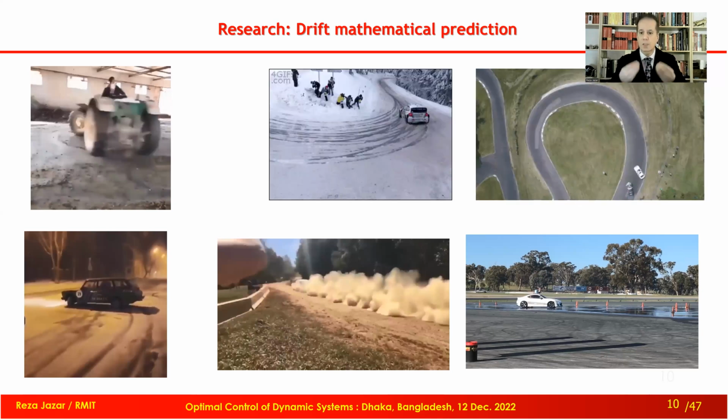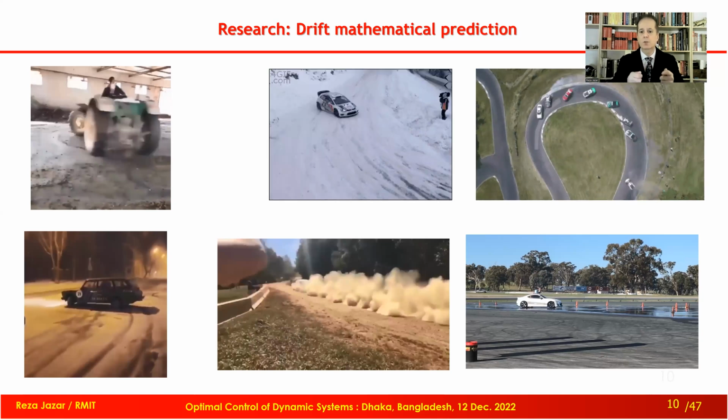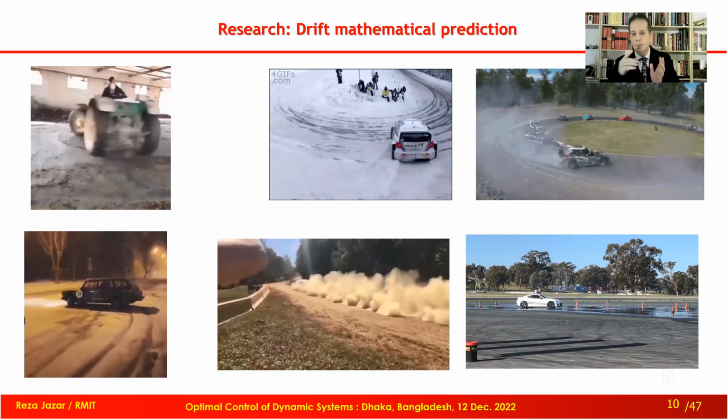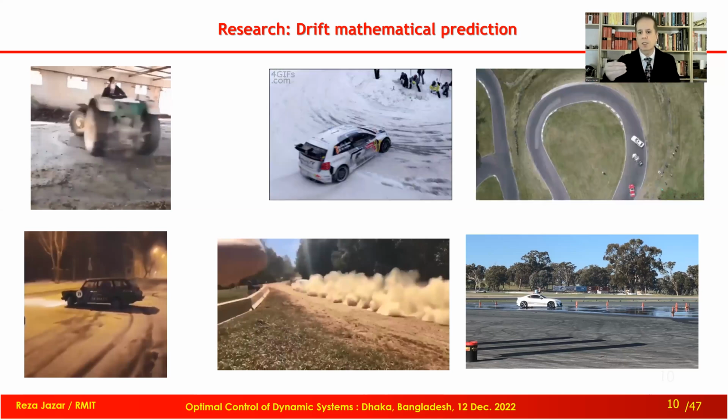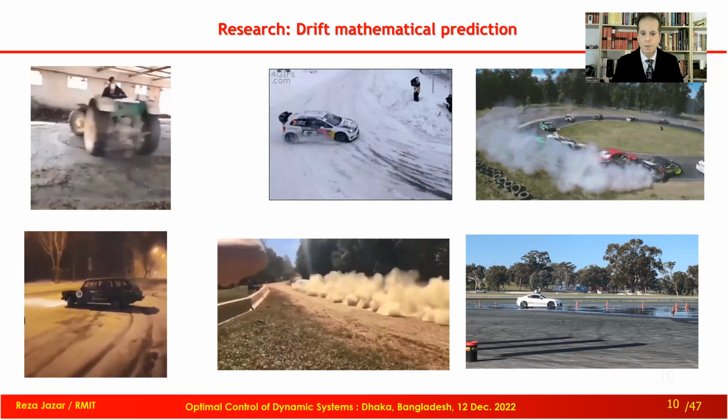So we need such a system to take the control and do some action to prevent going to drift, because drift is the beginning of losing control and going out of the road. So if we do this, we save a lot of lives.